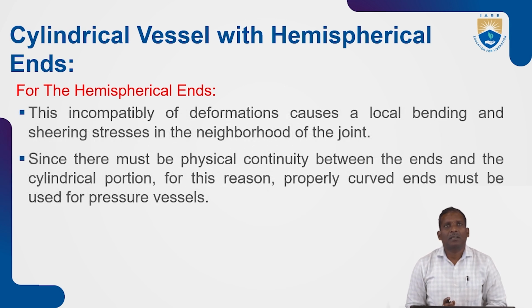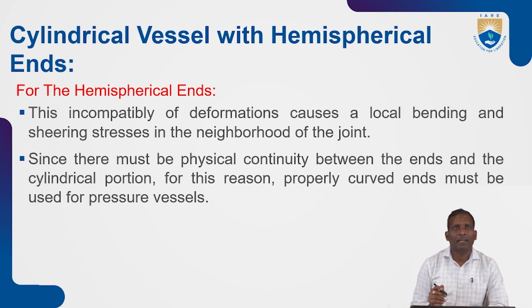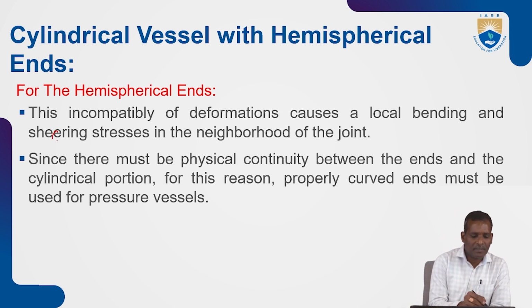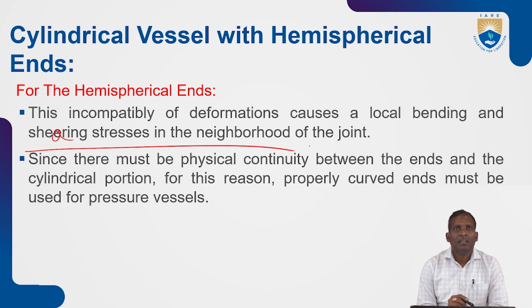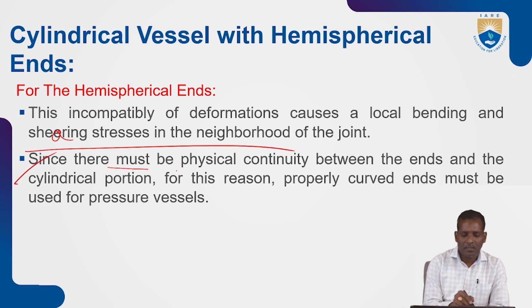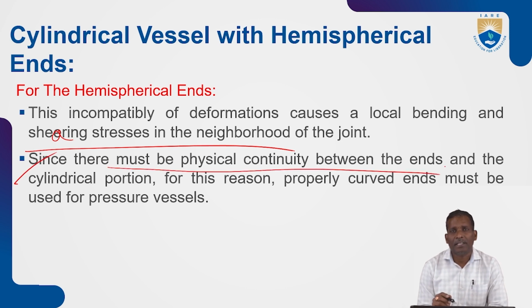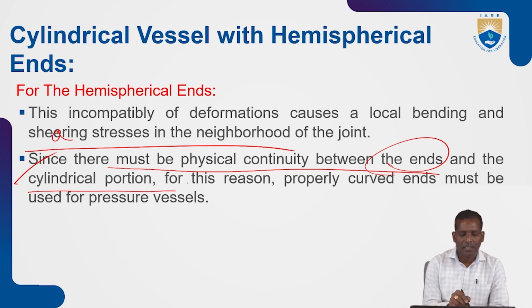So this incompatibility of deformations causes local bending and shearing stresses in the neighborhood of the joint, since there must be physical continuity between the ends and the cylindrical portion.